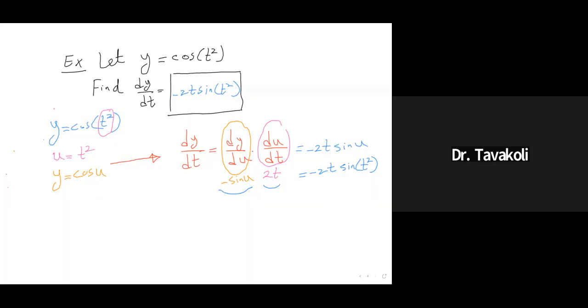Okay, so let's see another example. Before the next example, just as a reminder, we know that the derivative of e to the x is e to the x.